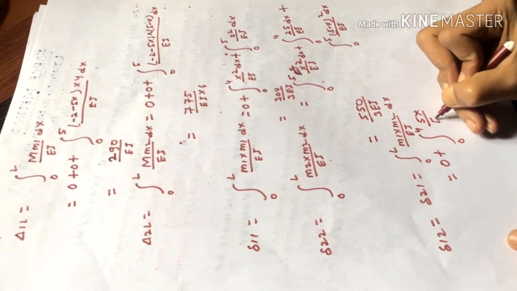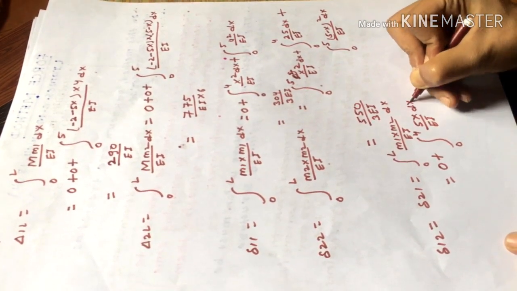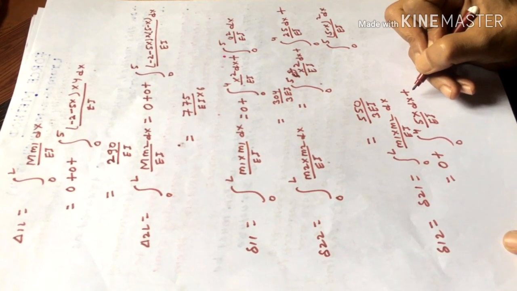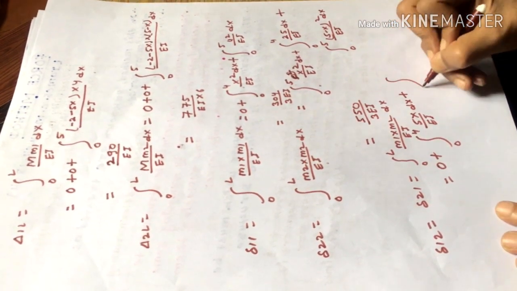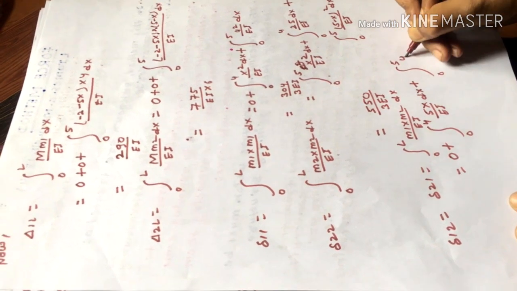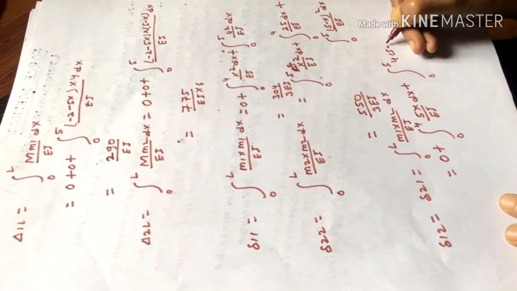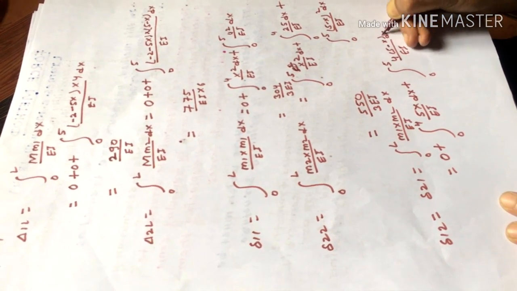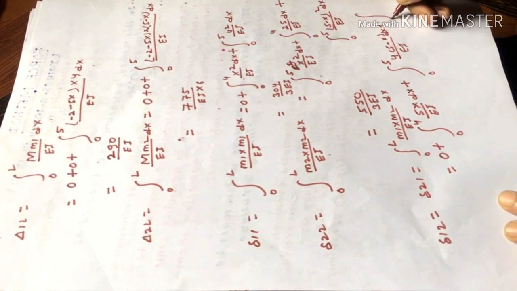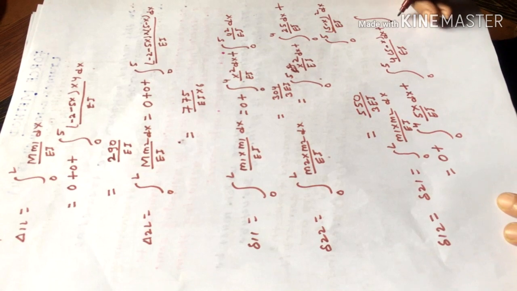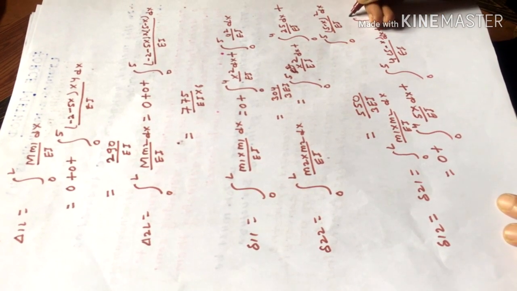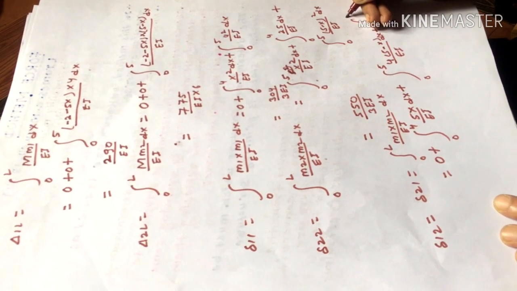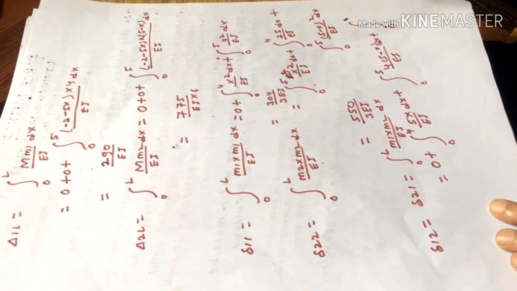divided by EI dx, plus 0 to 5, 4 into (5 minus x) divided by EI dx. And for section AB, our limit is 0 to 5.